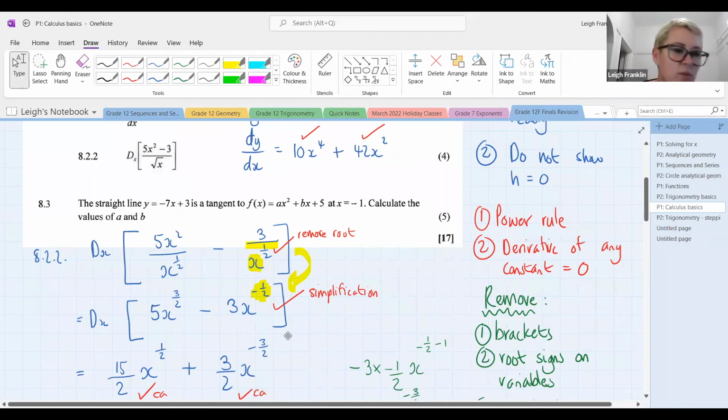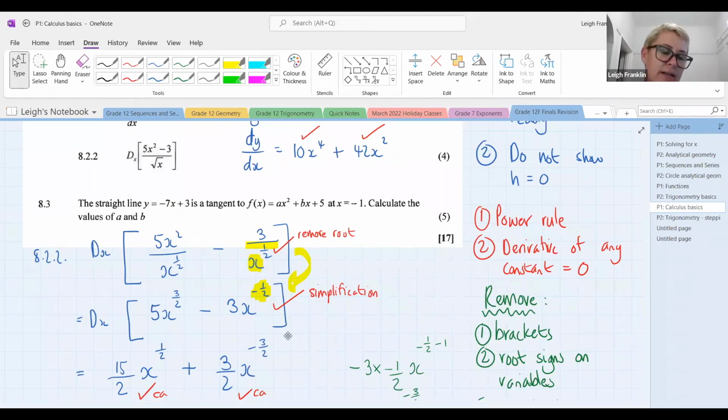So they've told us that we have a straight line. It is the line y equals -7x plus 3, and it is a tangent to f of x. f of x is a parabola because it takes the form ax squared plus bx plus 5 at the point where x is equal to -1. They want us to calculate the values of a and b. In other words, they want us to calculate the coefficient of the x squared term, and the coefficient of the x term.